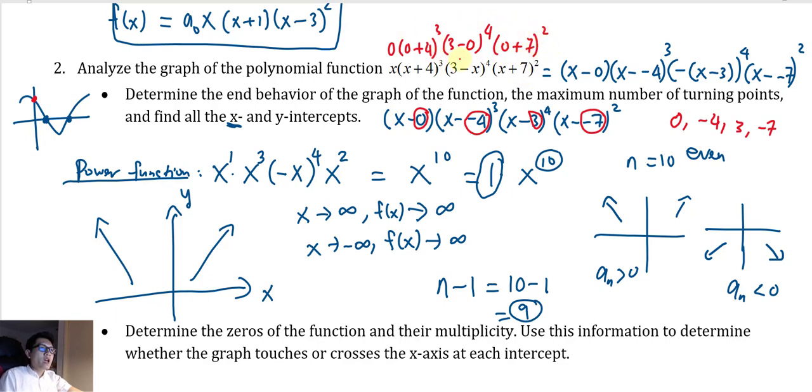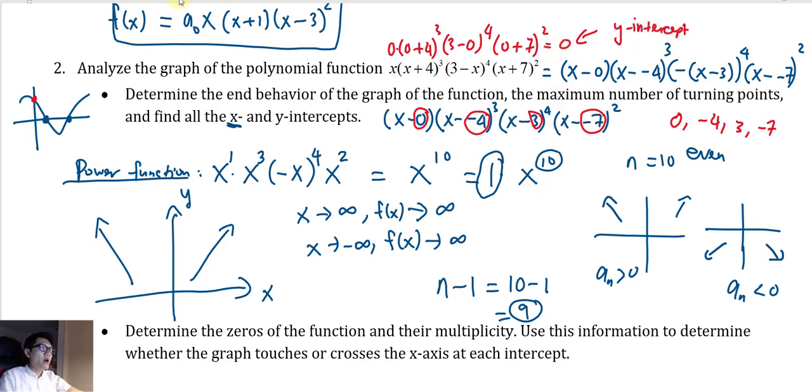And I don't care about what happened here, because I know that anything multiplied by 0 results in 0. So this should be the y-intercept of the polynomial, because this is the value when the x is equal to 0. So x-intercepts are these 4, y-intercept is 0.